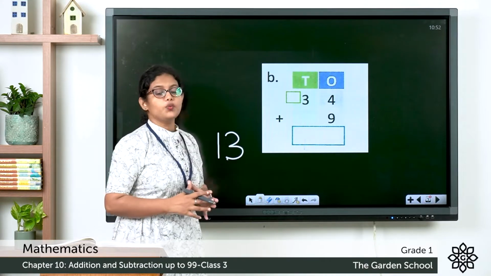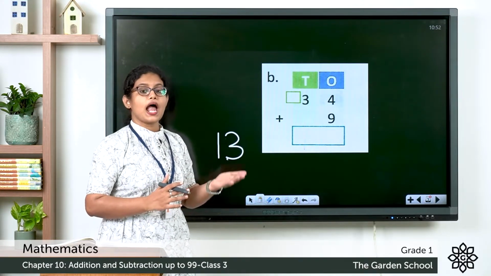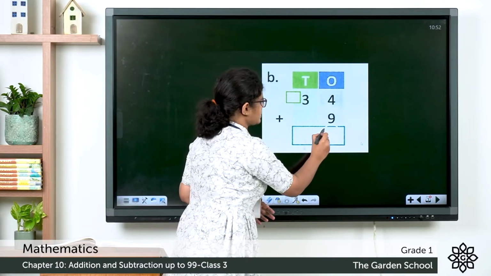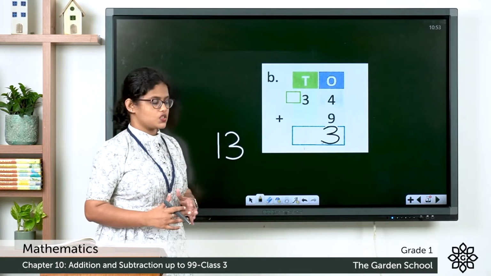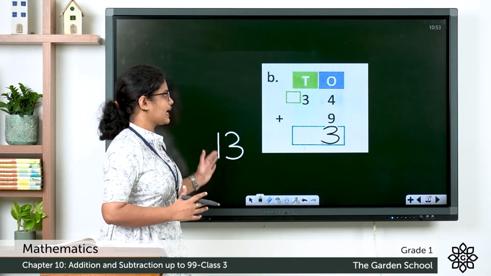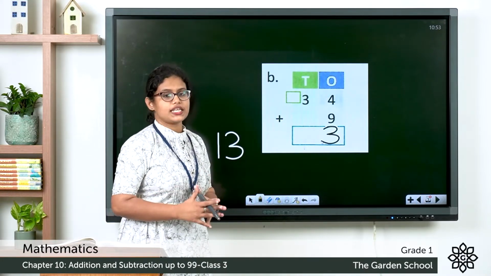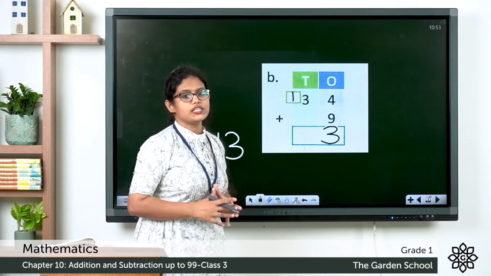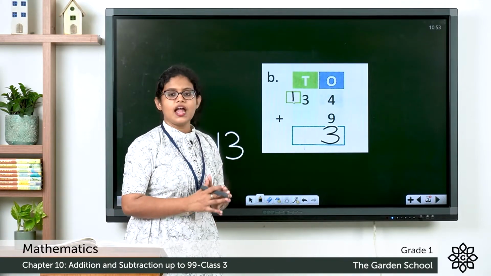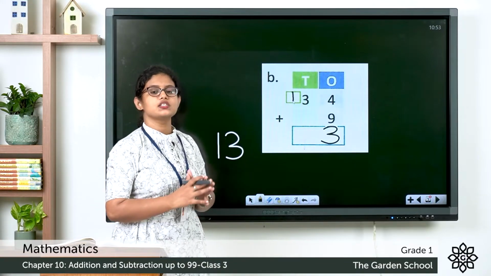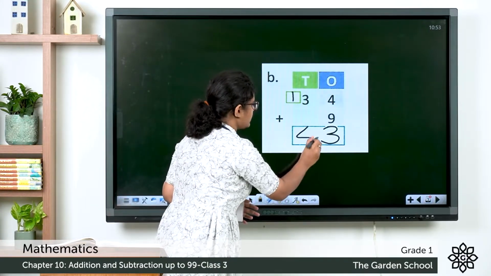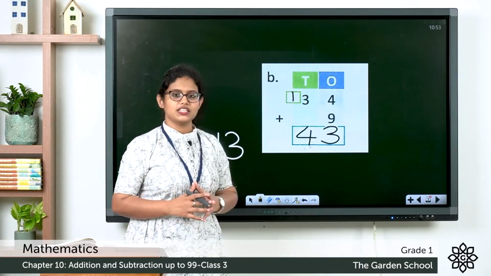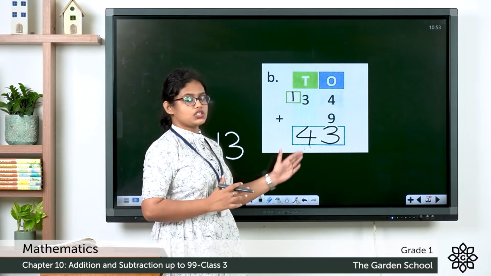We can write 13 as 1 ten and 3 ones. So let's write 3 in the ones place. We carry over this 1 to the tens place and write 1 over here. In the tens place we have 1 ten and 3 tens. It makes 4 tens. So let's write 4 here. 34 plus 9 makes 43.